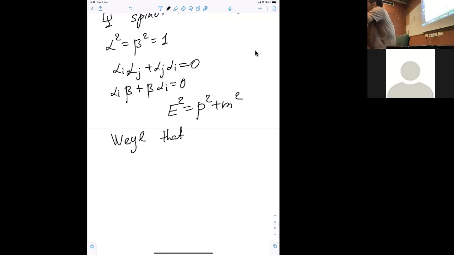So this is a relativistic spectrum of Dirac fermions. Then Weyl showed that you can also take this equation in the limit of zero mass. So one can make this equation for massless fermions.